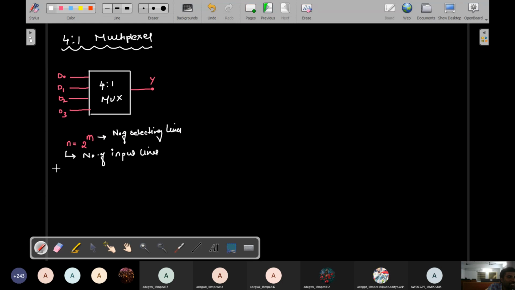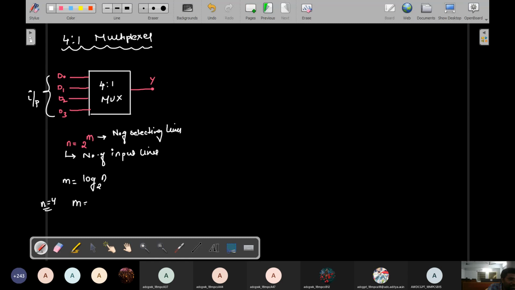These are the input channels. Now I will consider the number of inputs as 4. Therefore I'll apply m is equal to log n with base 2. Right now I'll consider n as 4.